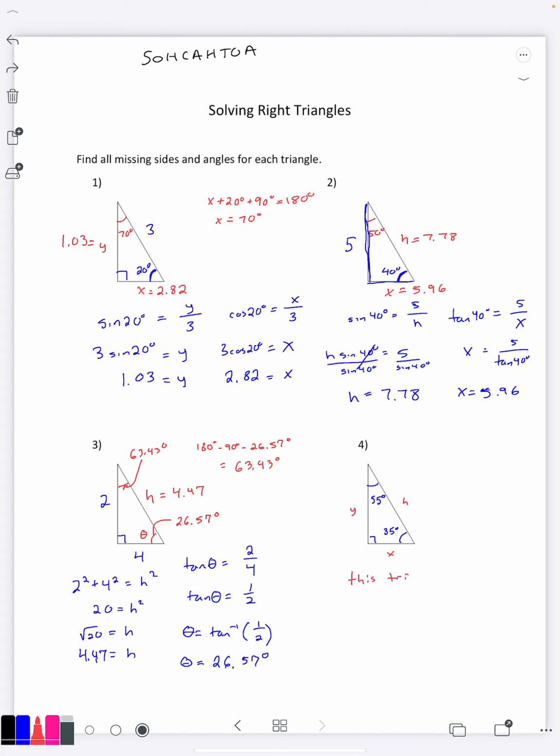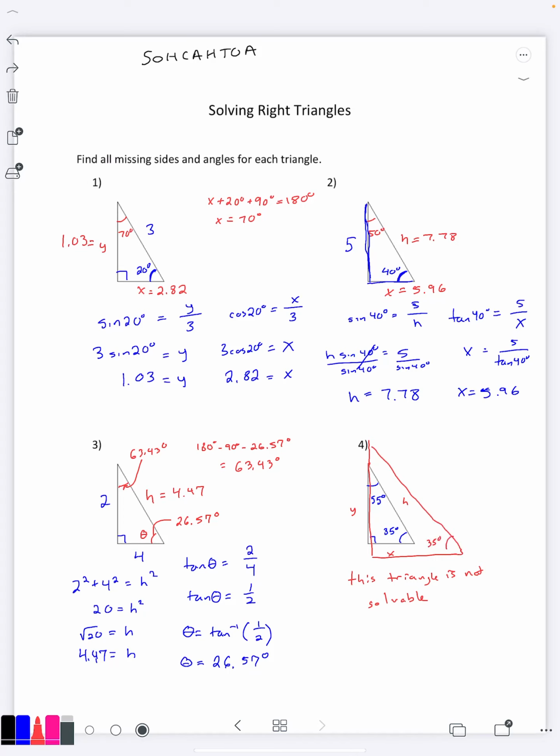You might say, what in the world does that mean? It means that you cannot just find a unique answer to the problem. Because if all you know are the angles there, what could have happened is you could have had a much bigger triangle that's similar to this one.